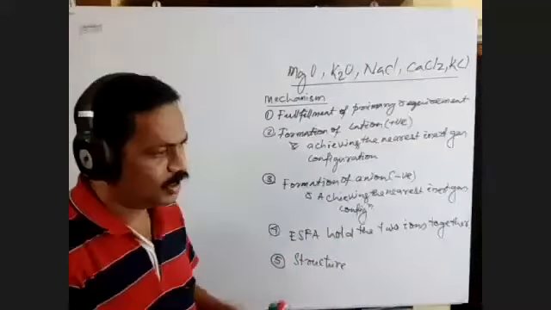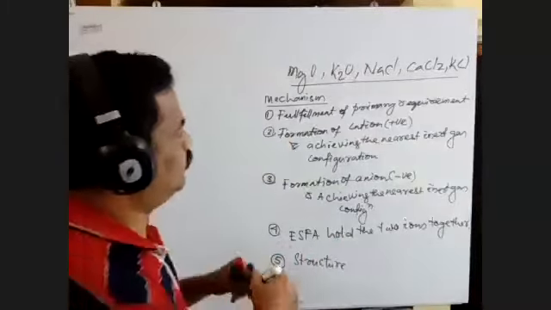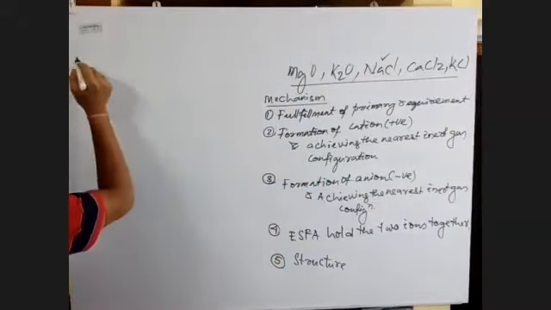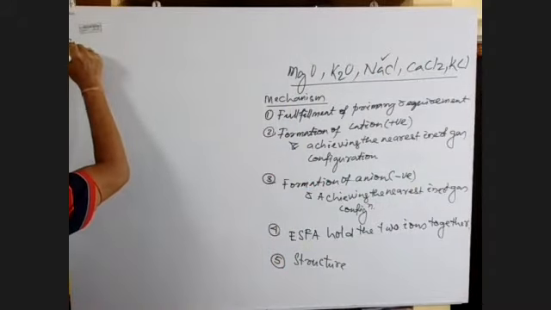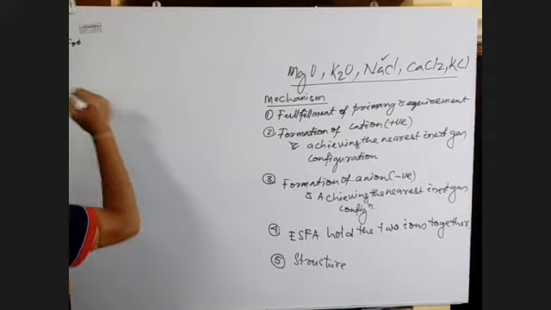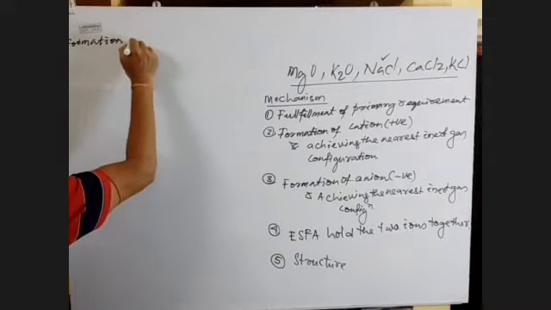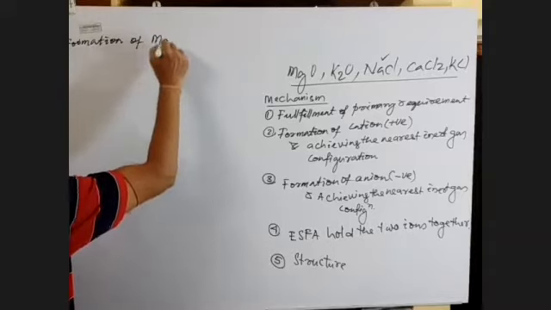Yesterday we discussed how NaCl is formed. So let us take a second example, the formation of magnesium oxide.